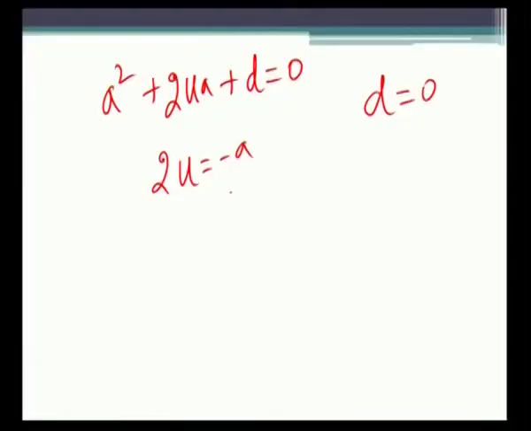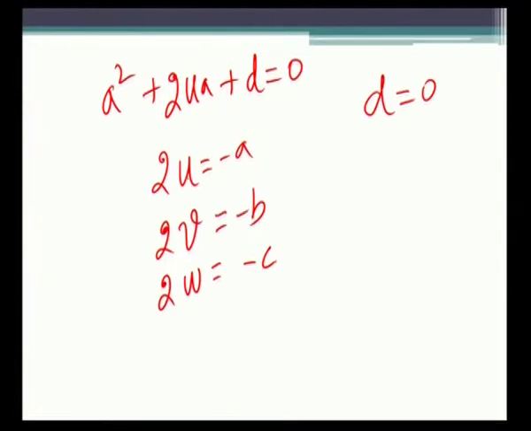Similarly, 2v is equal to minus b and 2w is equal to minus c. So, these are the values we got for 2u, 2v, 2w in terms of a, b, c.